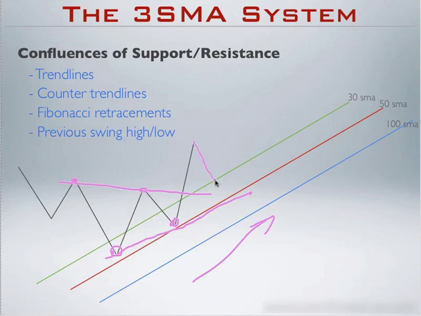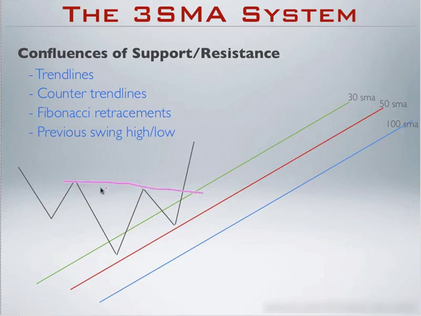So if price comes back down to retest that area, the dynamic area of support and resistance, we have again this counter trend line falling in line somewhere in there. All right, so basically this is the concept.